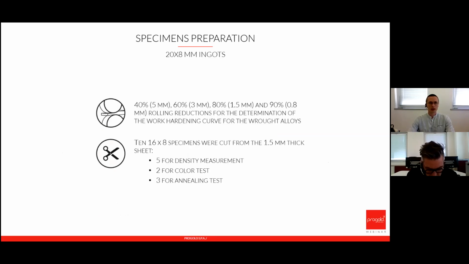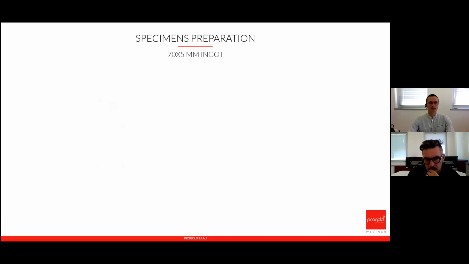So the first ingot is done for the hardening curve, and we collect the hardness and all the measurements for, as we said, 40, 60, 80, and 90% of cold deformation for the broad alloys. Then from these same ingots, we also obtain the density measurement, the color test and the annealing test.